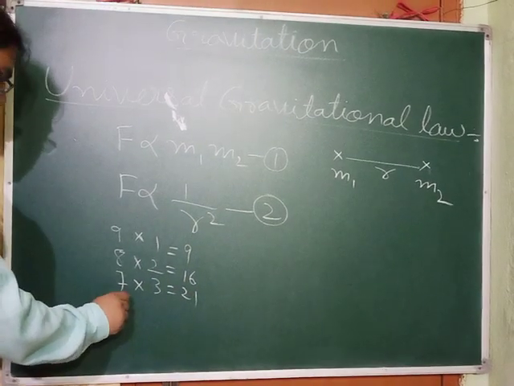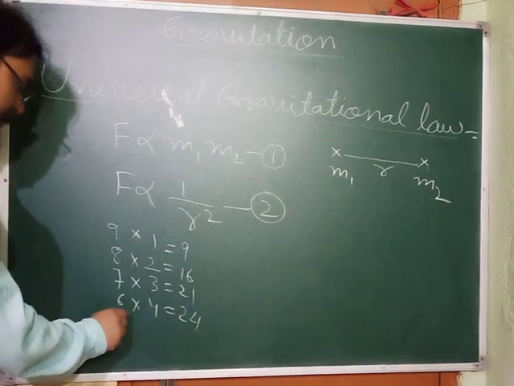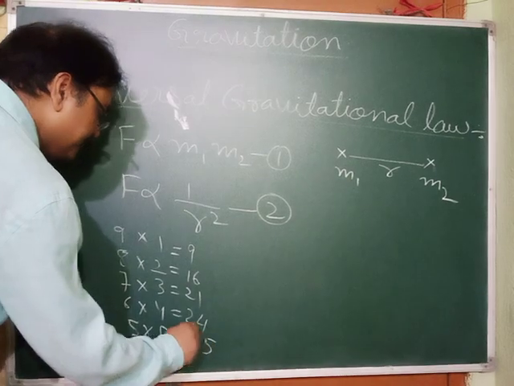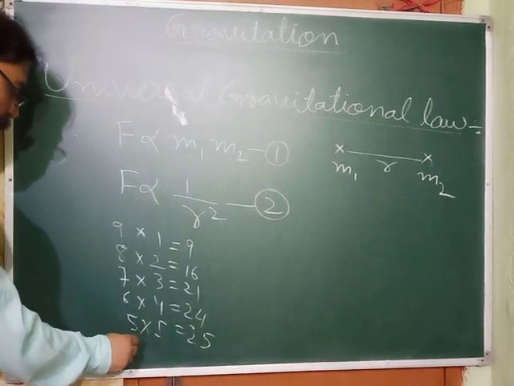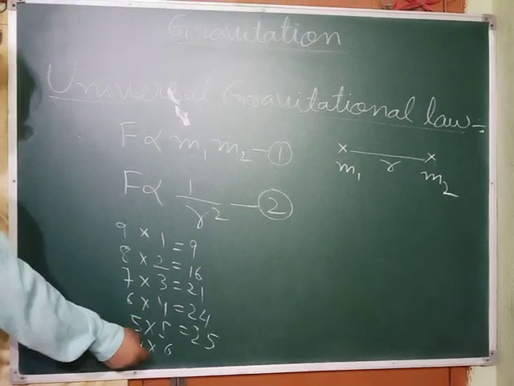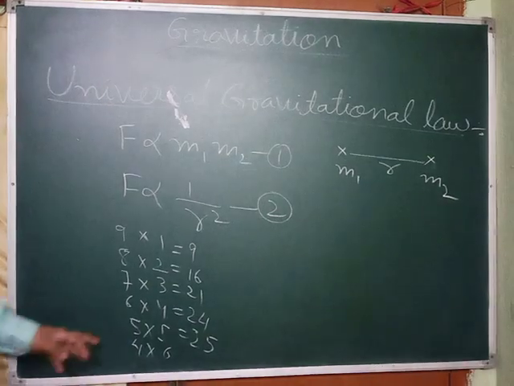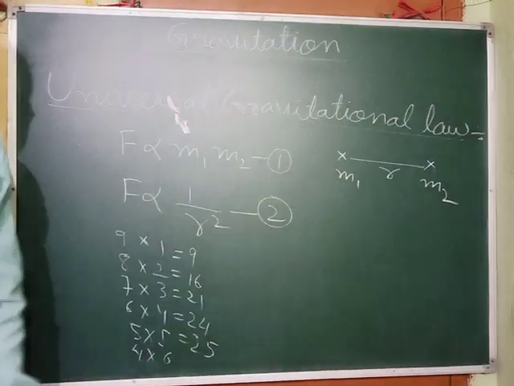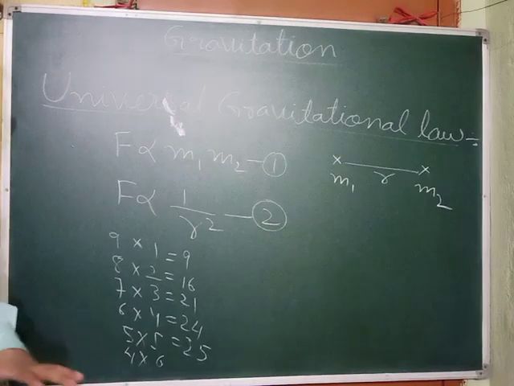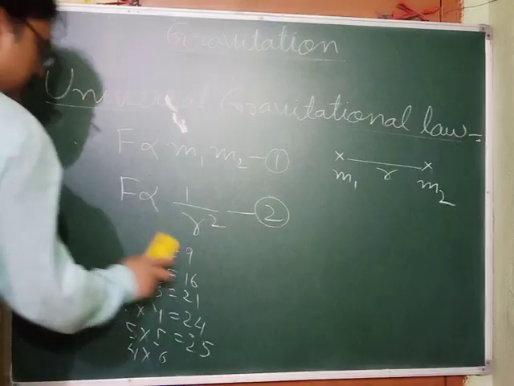Then 6 into 4 is 24, even more. 5 into 5 is 25. Again 4 into 6, the same thing will repeat. So when it is maximum, you must divide it in half, 5 kg and 5 kg, and then you will get the maximum force. Got it?